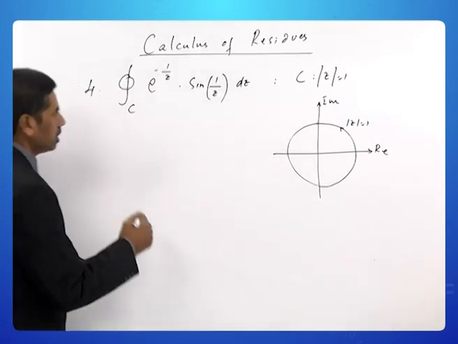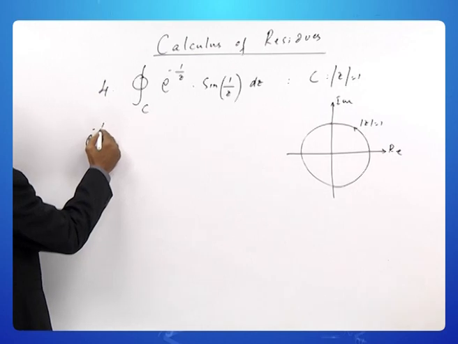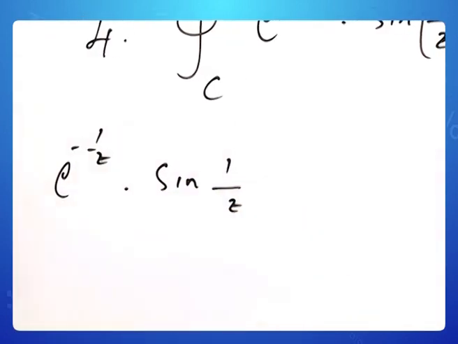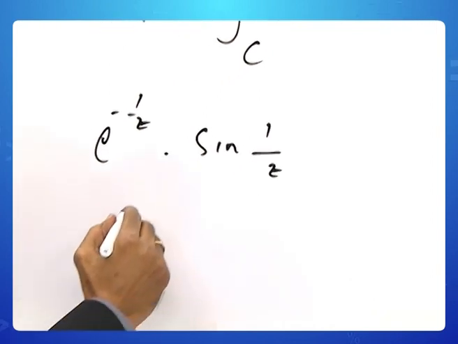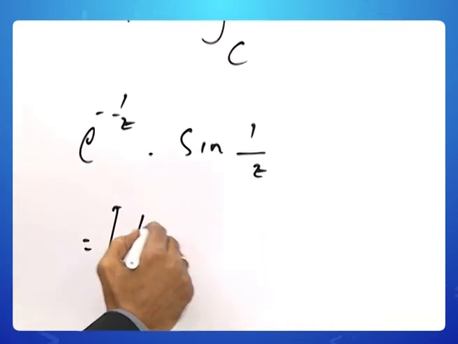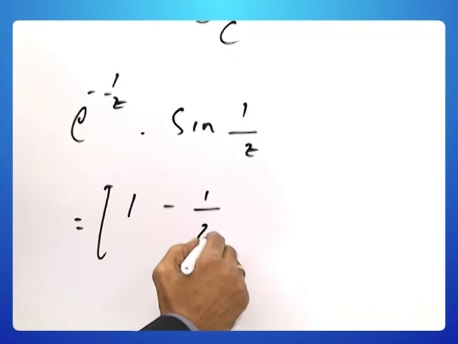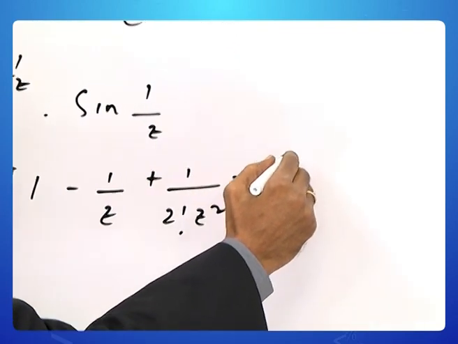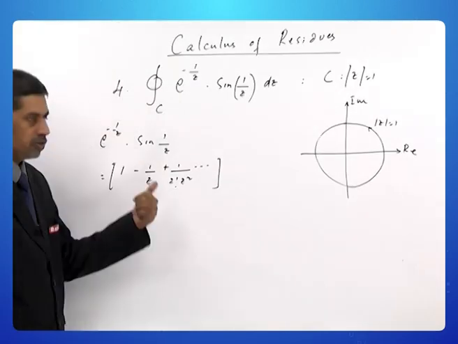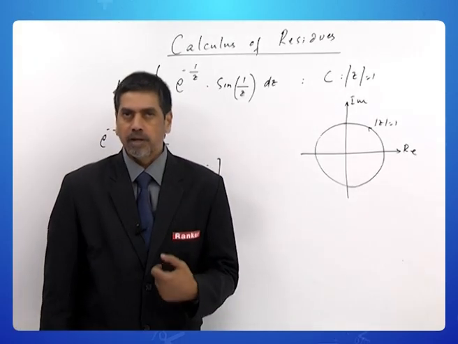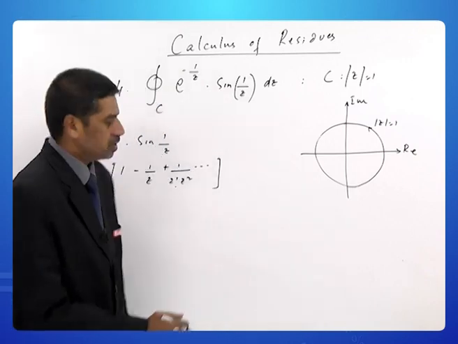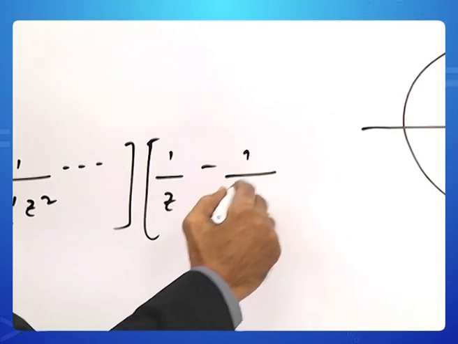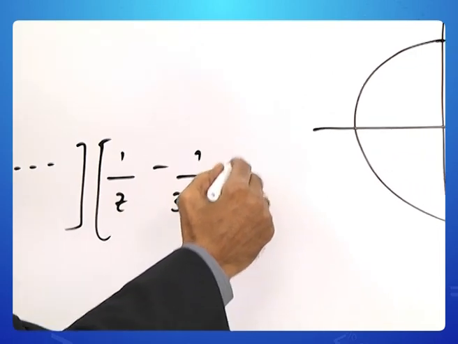So, let us look at the Laurent expansion. e power minus 1 by z into sine 1 by z is equal to 1 minus 1 by z plus 1 by 2 factorial z squared and so on. This is the expansion of e power minus 1 by z, to which we should multiply the sine 1 by z expansion, which is 1 by z minus 1 by 3 factorial z cube and so on.